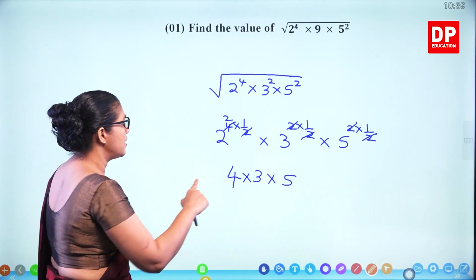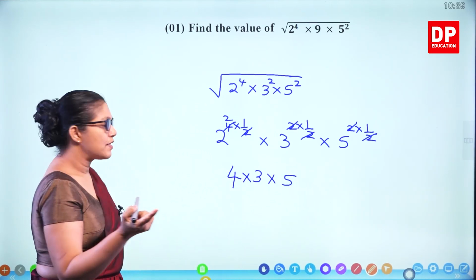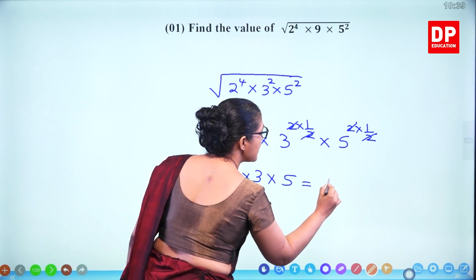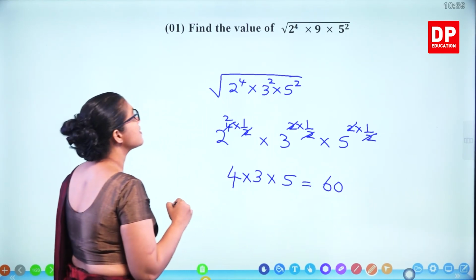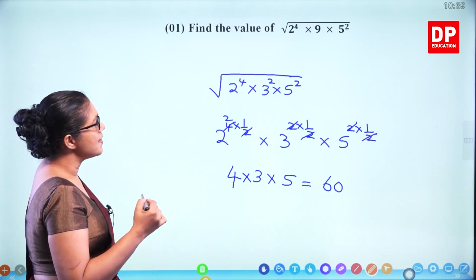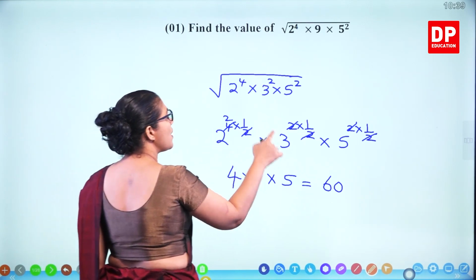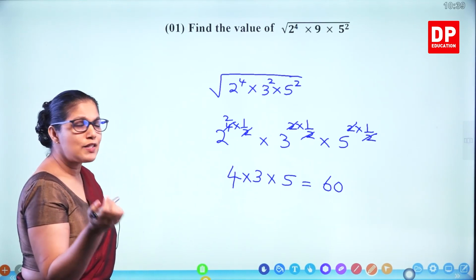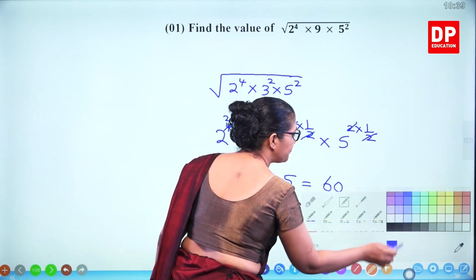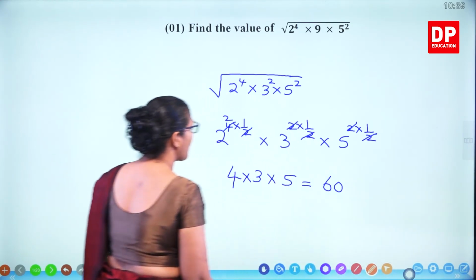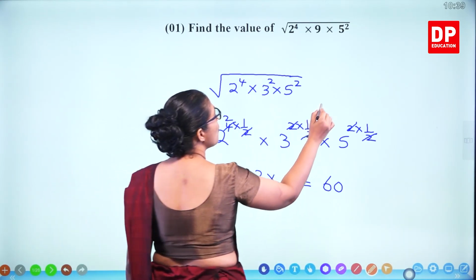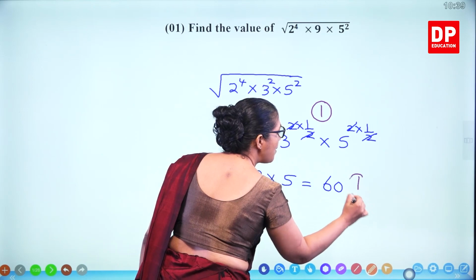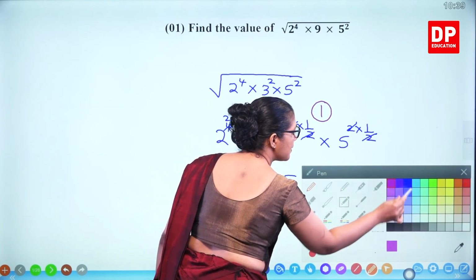So you get 4 times 3, 12. 12 times 5, 60. So square root of this is 60. So this is the easiest way. You write it down as a power, and square root means power half. So you get 2 marks: 1 mark for the method and 1 mark for the answer.